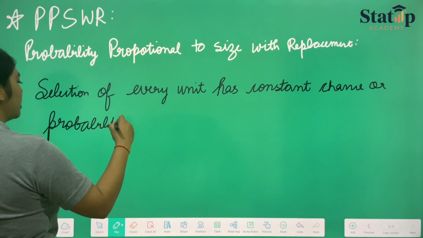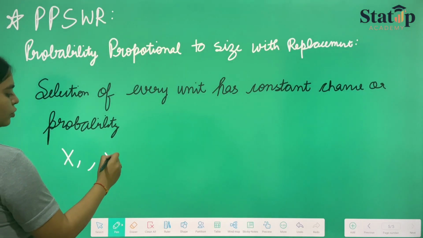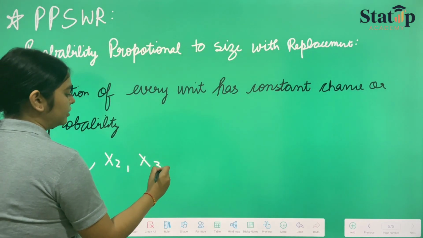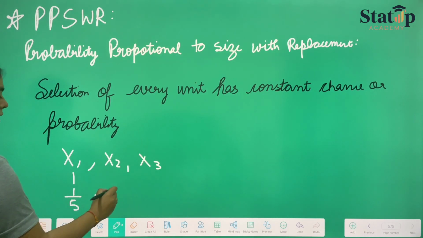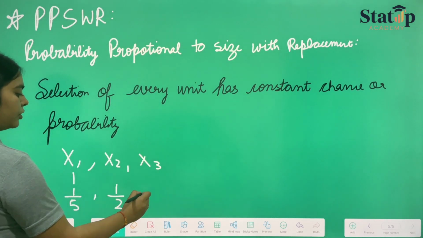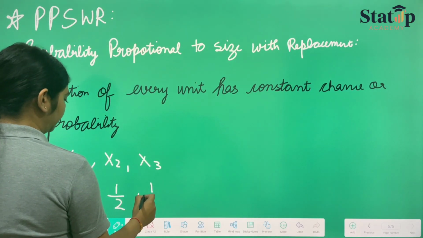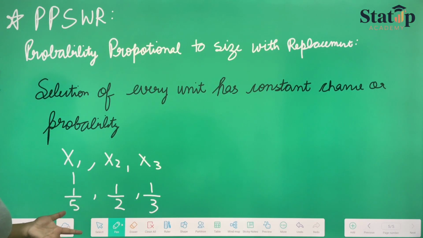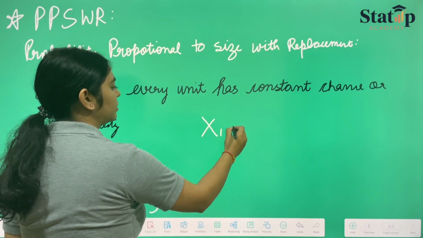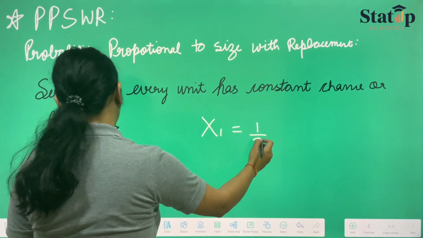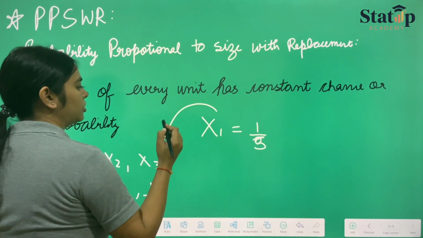It doesn't change. Suppose we have been given a sample x1, x2, x3, and the probability of selection of x1 was 1 upon 5, of x2 was 1 upon 2, and of x3 was 1 upon 3. Suppose these are the probabilities. So if we select x1 with probability 1 upon 5, we then replace it back in the population.